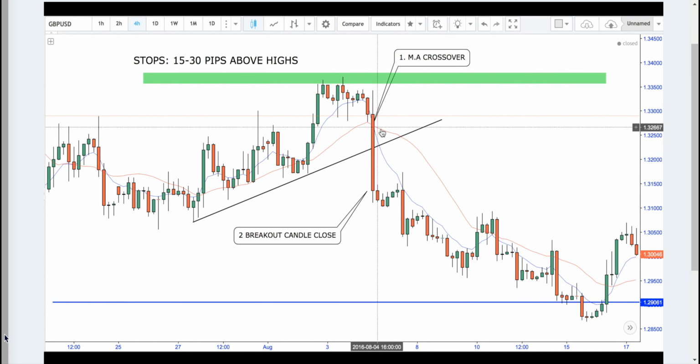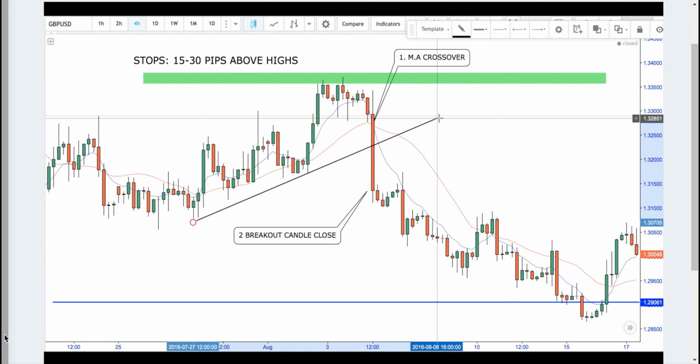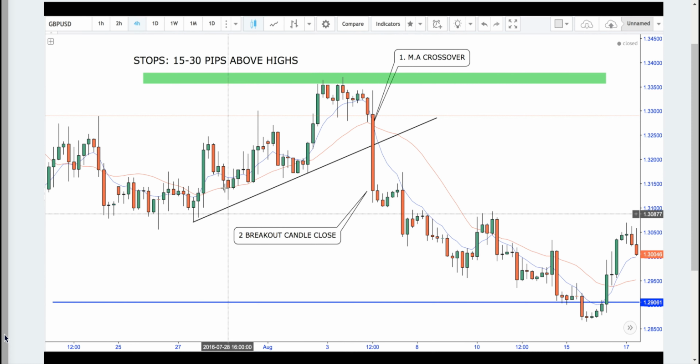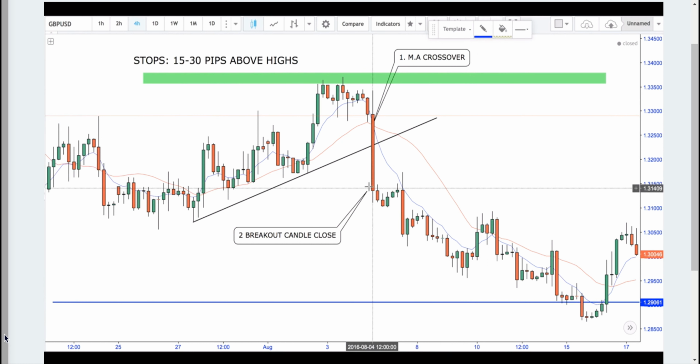But number 1 is the moving average crossover. That trend line is supposed to be connected, and then same thing with all of these trend lines going forward. 0.1, 0.2, breakout candle close. So upon the breakout candle close, which is right here, okay, that is your entry.